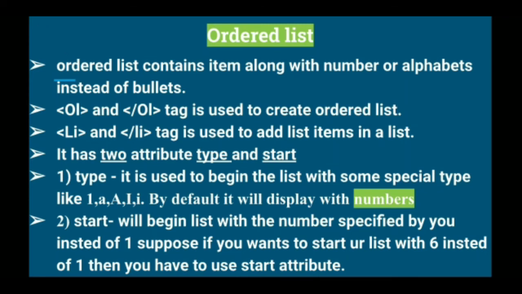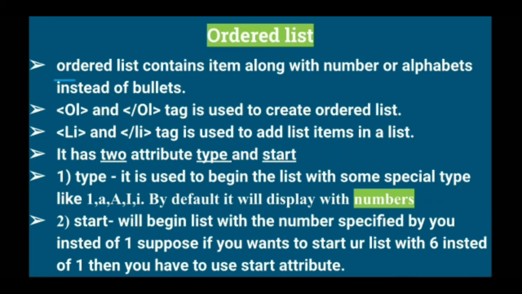So we can say here that only one tag we have to change to transform our list from unordered to ordered, that is, instead of UL you have to type OL. Then after, it has two attributes, type and start.